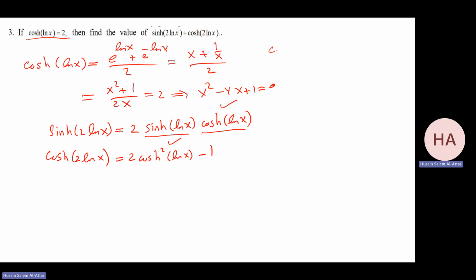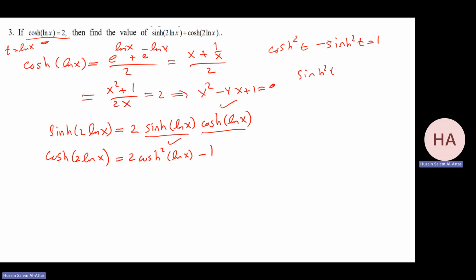I know cosh squared of t, consider t equal to x, minus sinh squared of t equals 1.